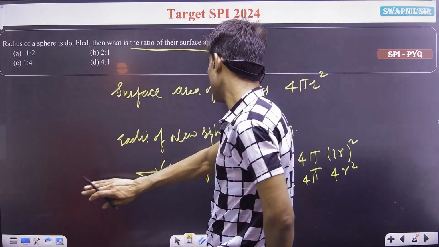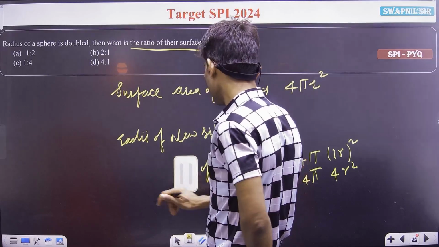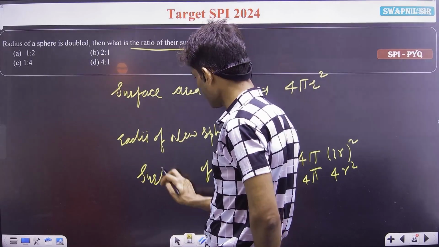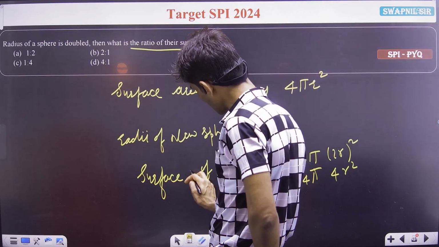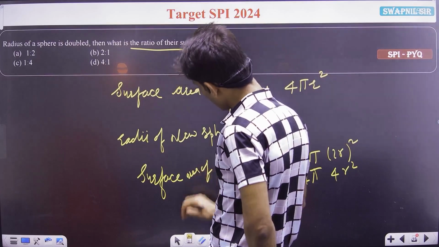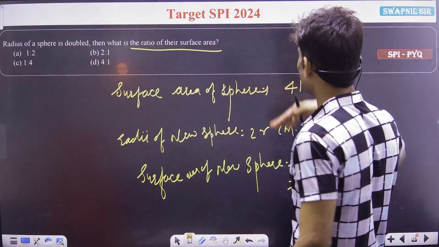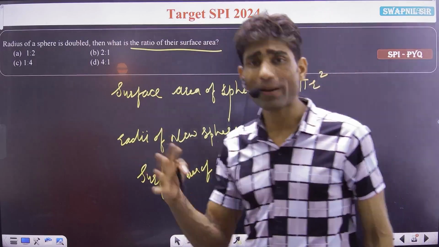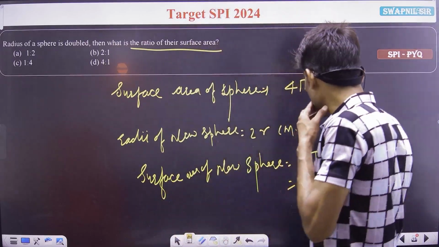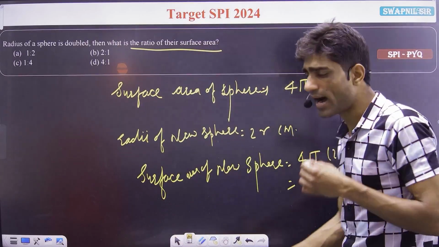We are looking for the surface area of the new sphere. Now we know that the surface area of the old sphere is 4 pi r square, and the surface area of the new sphere is 4 pi into 4r square.